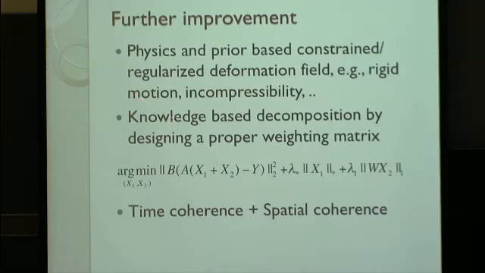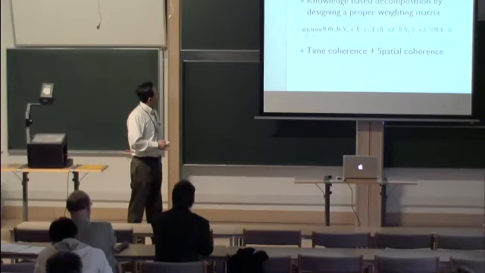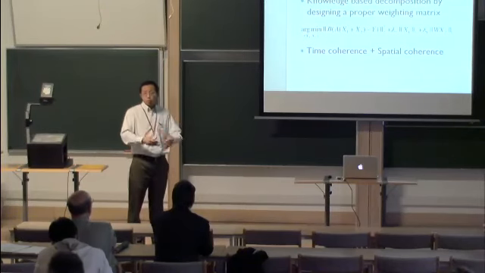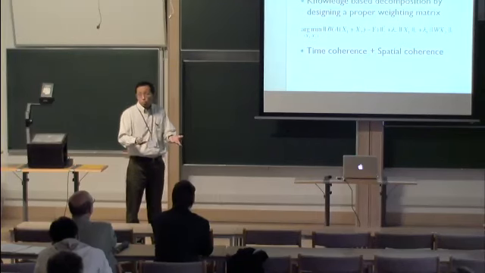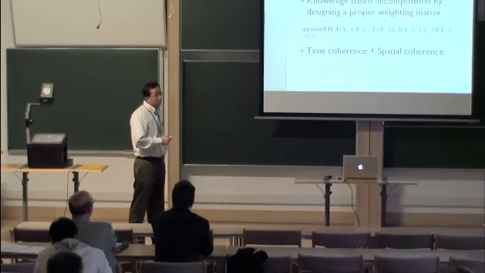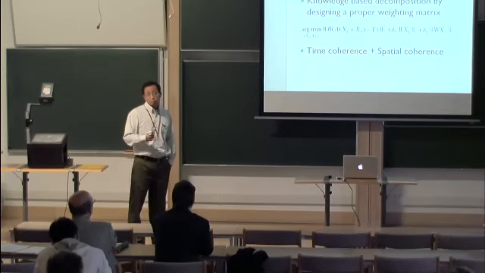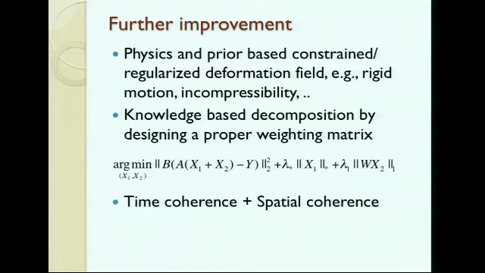So rigid motion, or also the deformation field. Many people assume that the tissue is somehow incompressible, and you give more and more constraints. That makes the problem a little bit better posed. For rigid motion, the main thing is to reduce the dimension, the degrees of freedom. On the other hand, then the problem cannot be convex, but it's a much smaller non-convex problem.